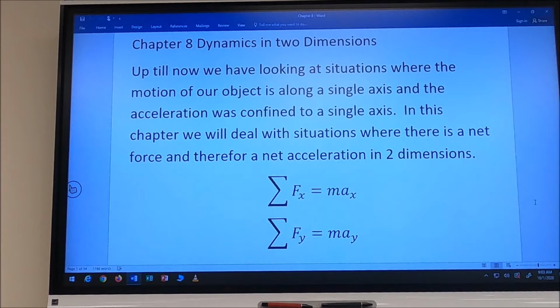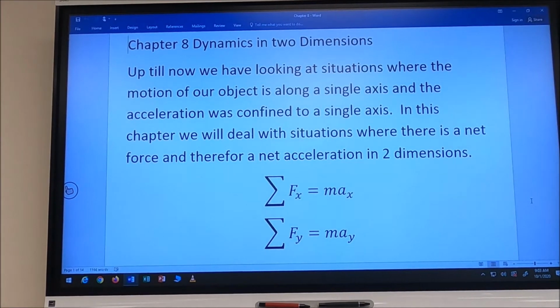Okay guys, here starts the material for test 3. We're looking at chapter 8, dynamics in 2 dimensions, so that we have acceleration along 2 axes.